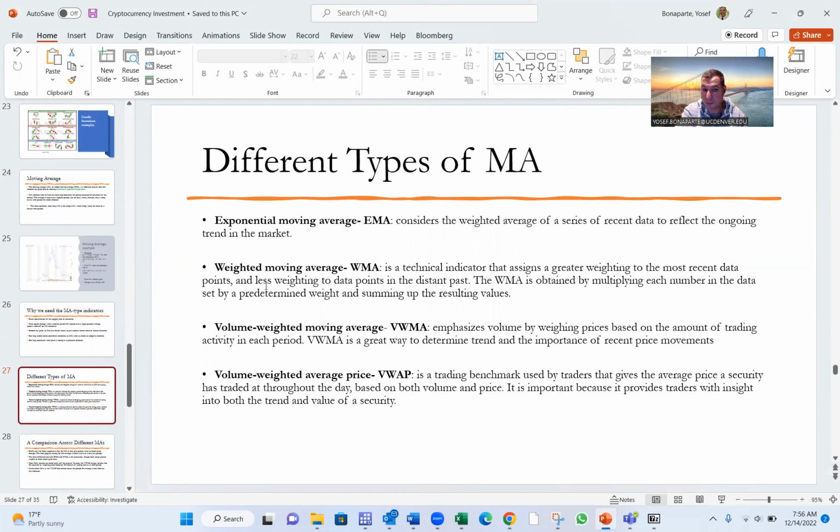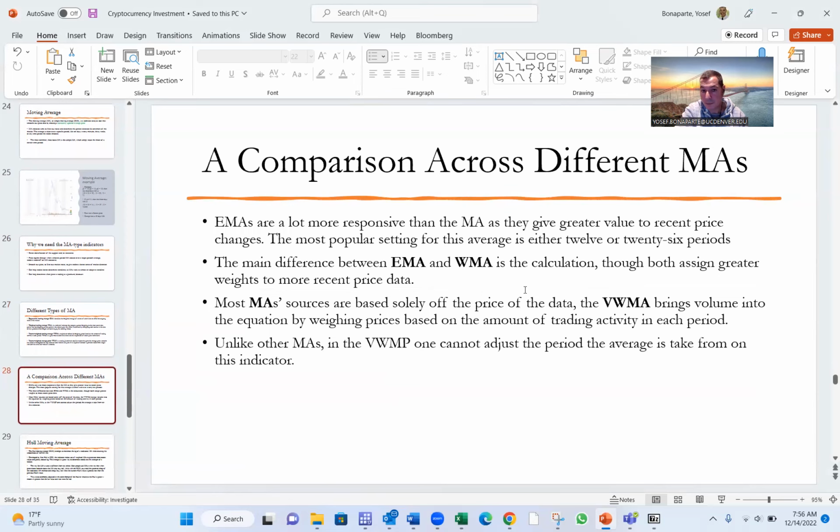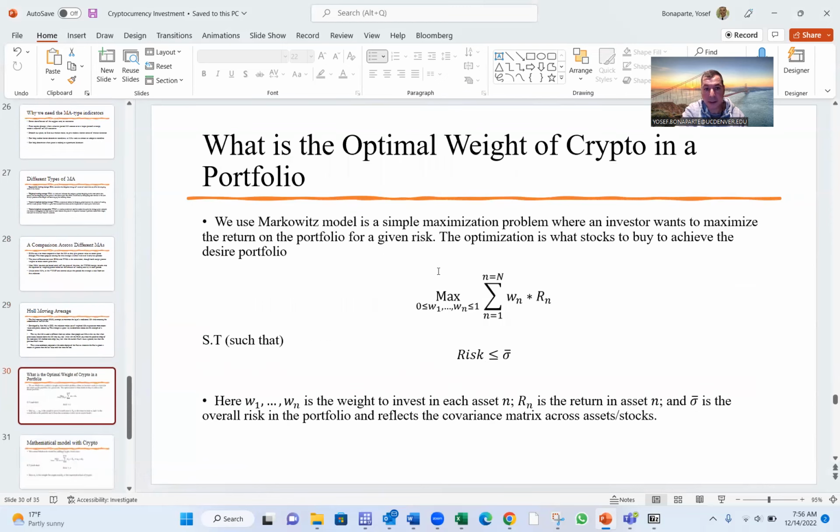With a weighted moving average, you can say, I want more weight on the early days and less on the recent days. Volume weighted average gives more weight to the days with higher volume. There are a lot of moving averages. I usually use the simple moving average. There is a whole family of moving averages, read about it, and you can understand it.